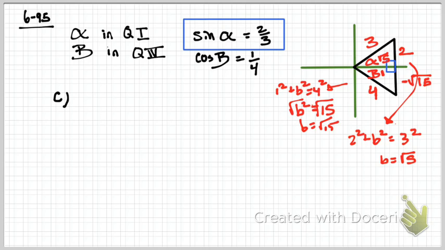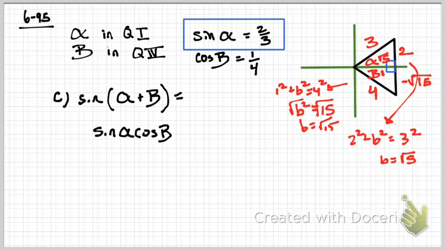So C is sine of alpha plus beta, and this will equal sine alpha cosine beta plus cosine alpha sine beta. Sine alpha, based on our drawing, we have that from the information, 2 over 3.